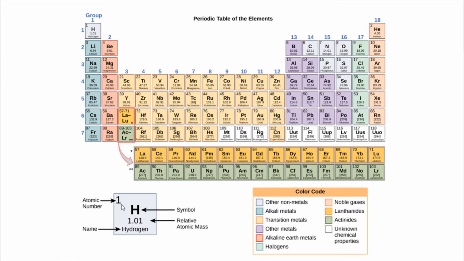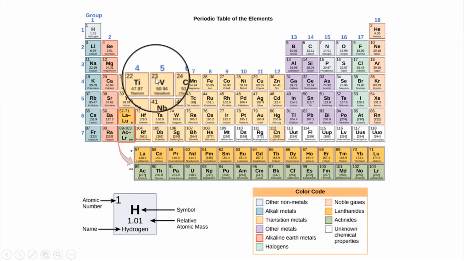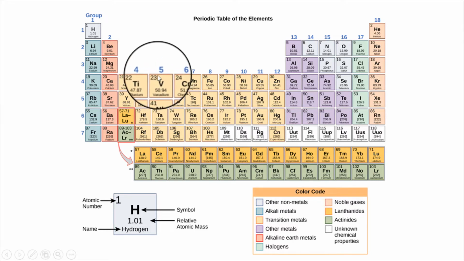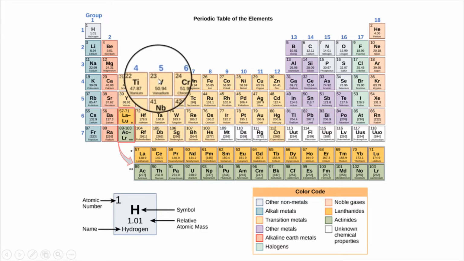So if we have an atomic number of 1, it means that we have 1 proton. If we have an atomic number of, say, 23 in the case of vanadium, we have 23 protons in the nucleus of this element.